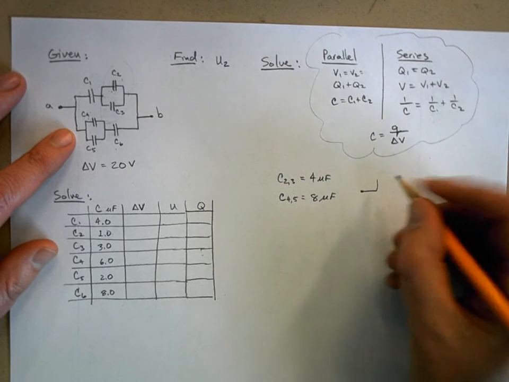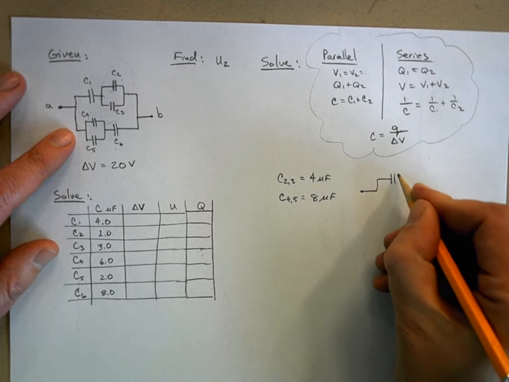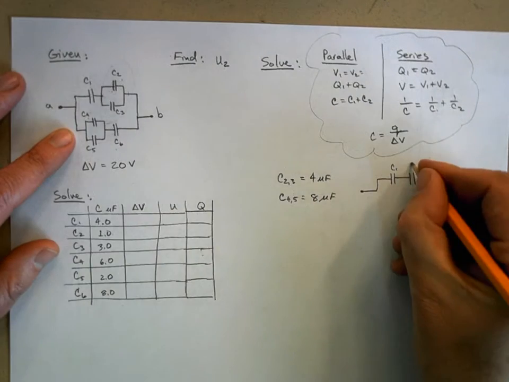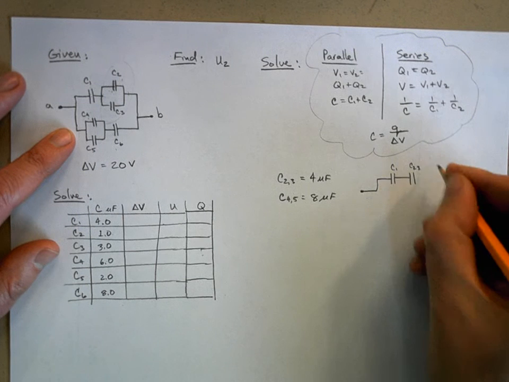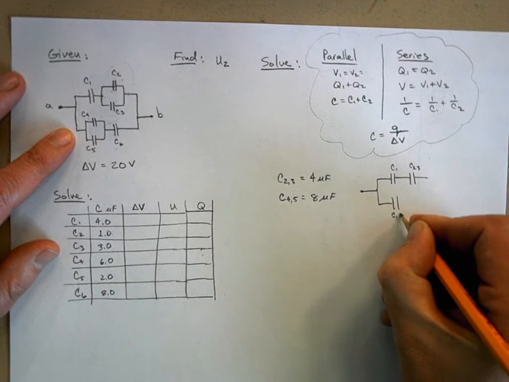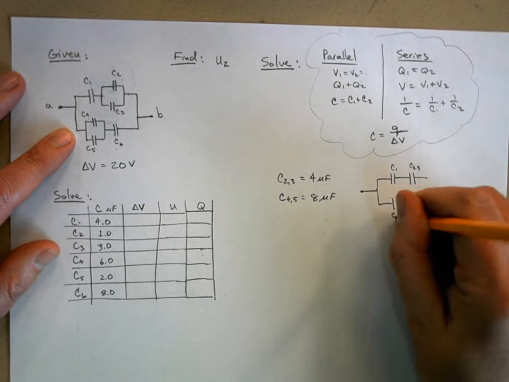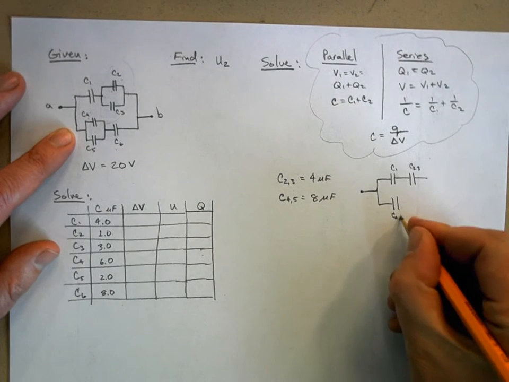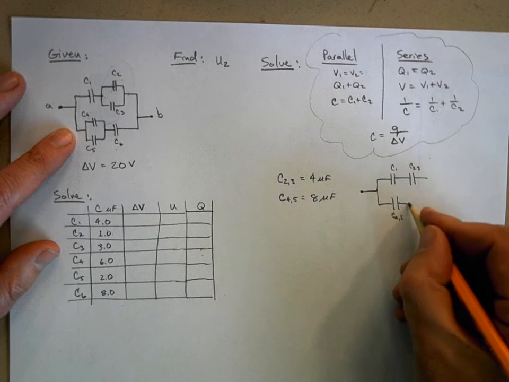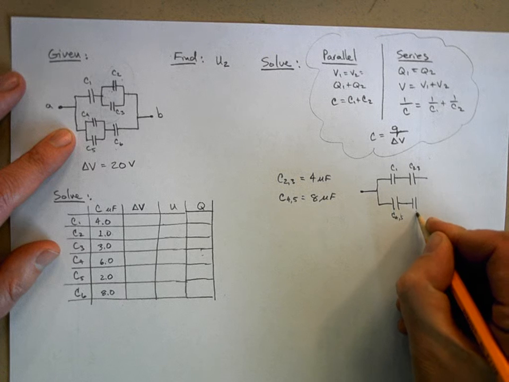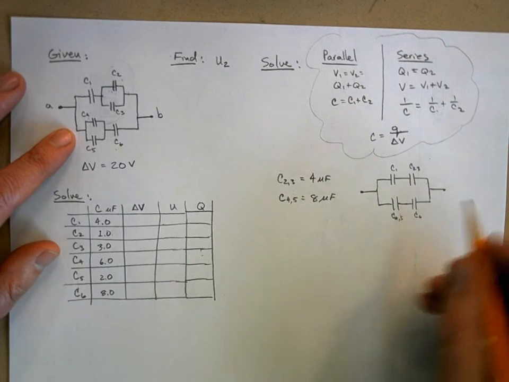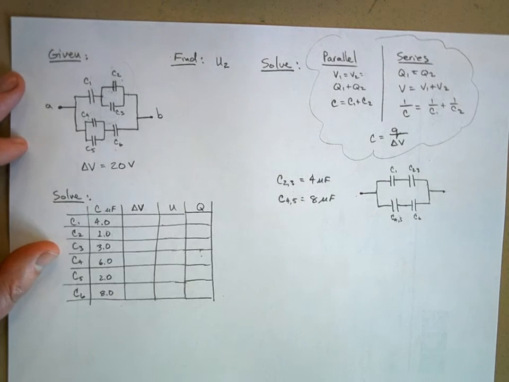And so now I've got C1, and then I've got C2,3, and I've got C4,5, these two over here. And then I've got C6. And then there's going to be 20 volts between here and here.